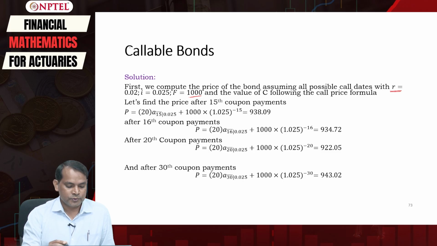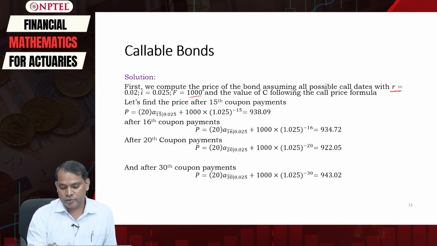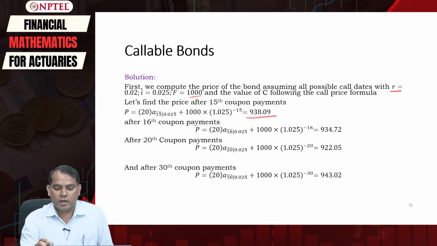Keeping n equal to 15 and r equal to 4%, which is converted semi-annually, r now is 0.02, and therefore Fr is equal to 20 and n is 15 here, i is 0.025, and this is the annuity factor and this is the present value factor.